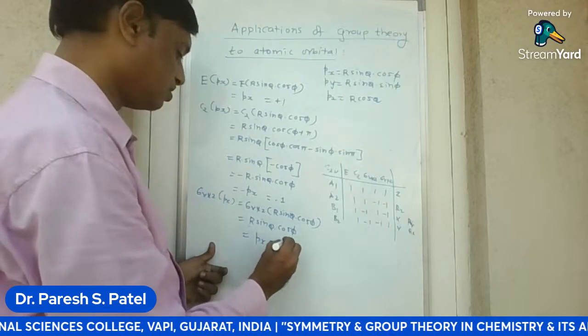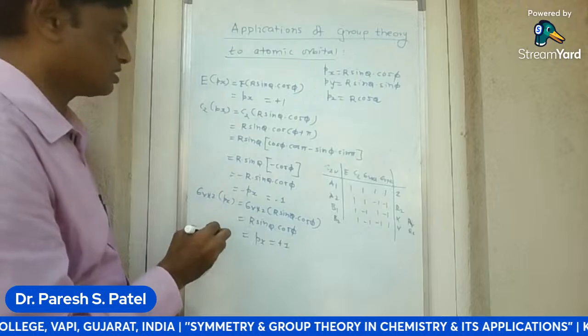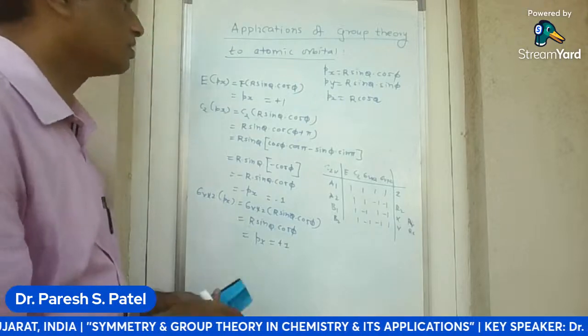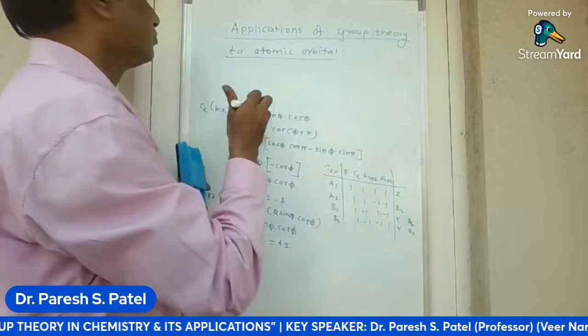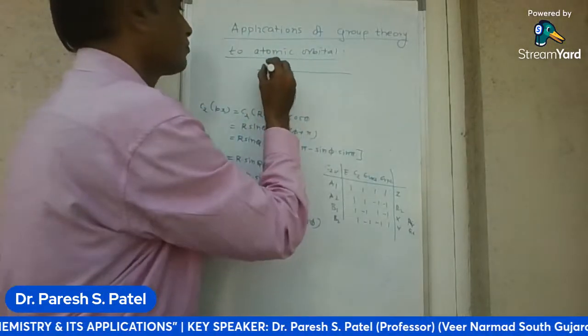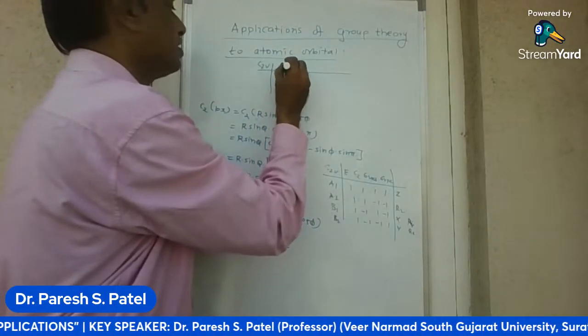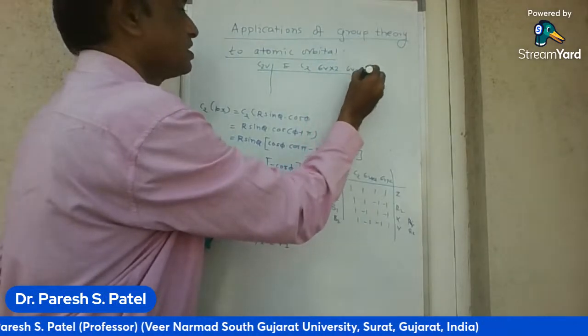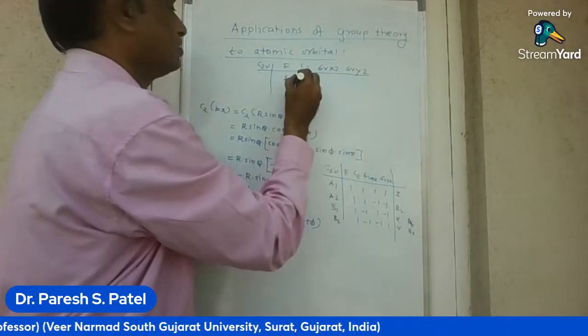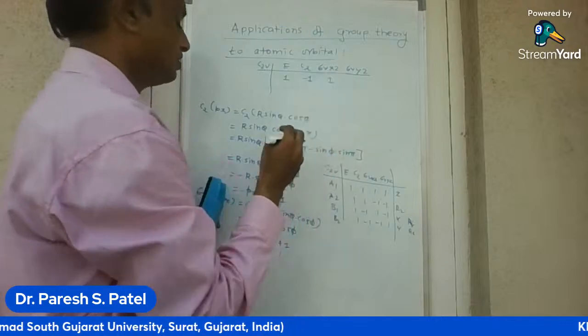So the character is equal to plus 1. Similarly, for C2V, E, C2, sigma Vxz, sigma Vyz, we get 1, minus 1 and 1.